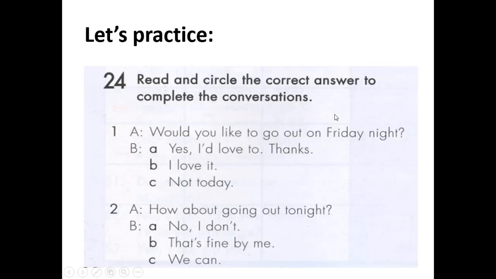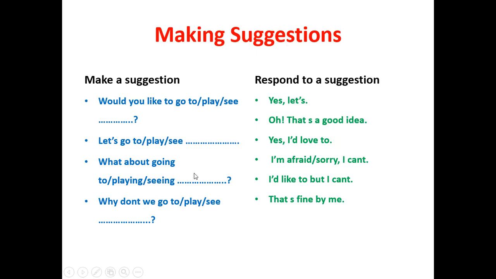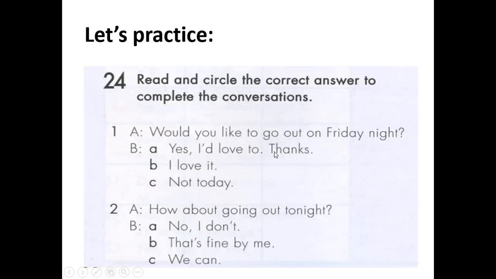Okay. Now it's time to practice. As I said, you can take some time to look at these very carefully, and after this we practice. Here we have 5 dialogues. Okay, now read and circle the correct answer to complete the conversation.